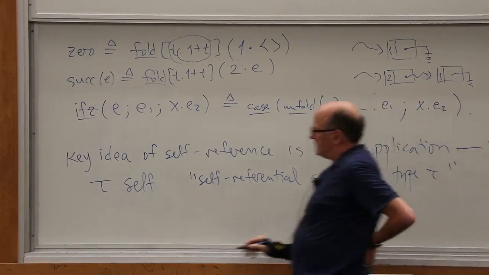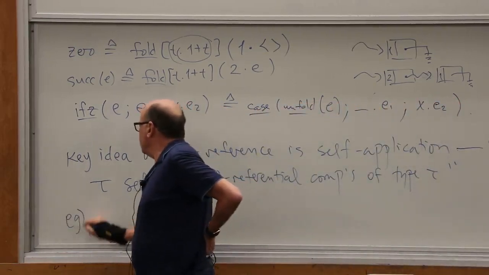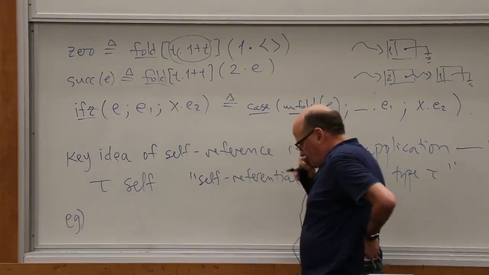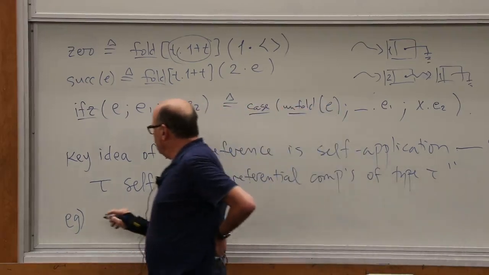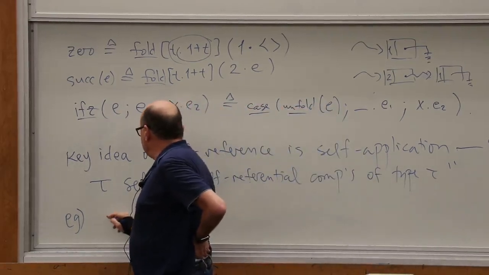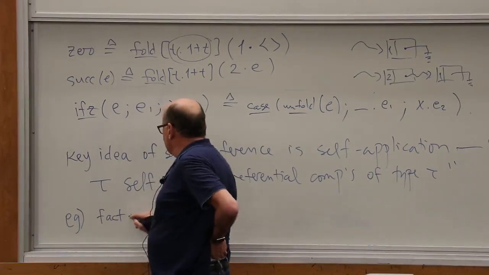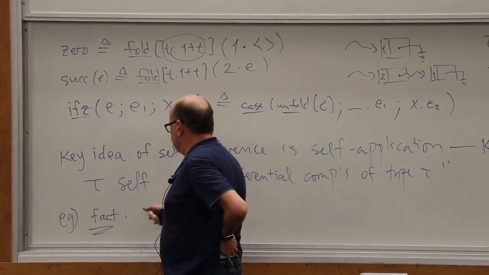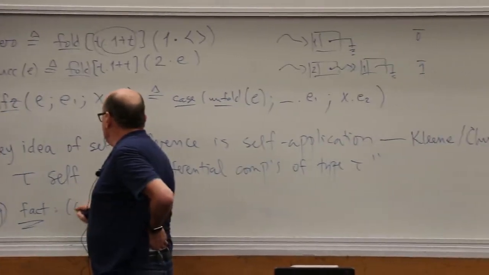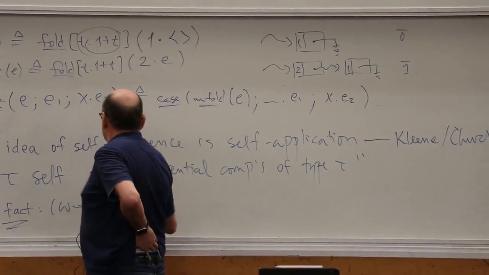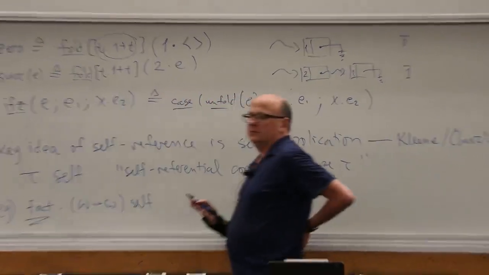As an example, the standard thing is some factorial function. You can think of the factorial function, which is some piece of code we're going to be able to write down easily, and it's going to be a self-referential function from omega to omega.